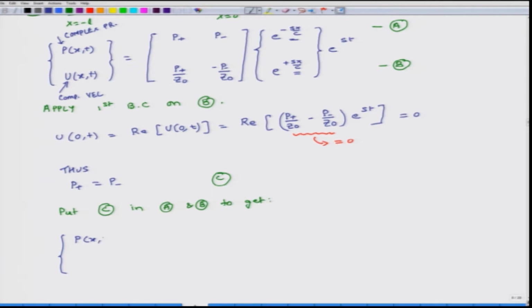Complex pressure which depends on x and t, complex velocity which depends on x and t, and this equals, so p minus is same as p plus.